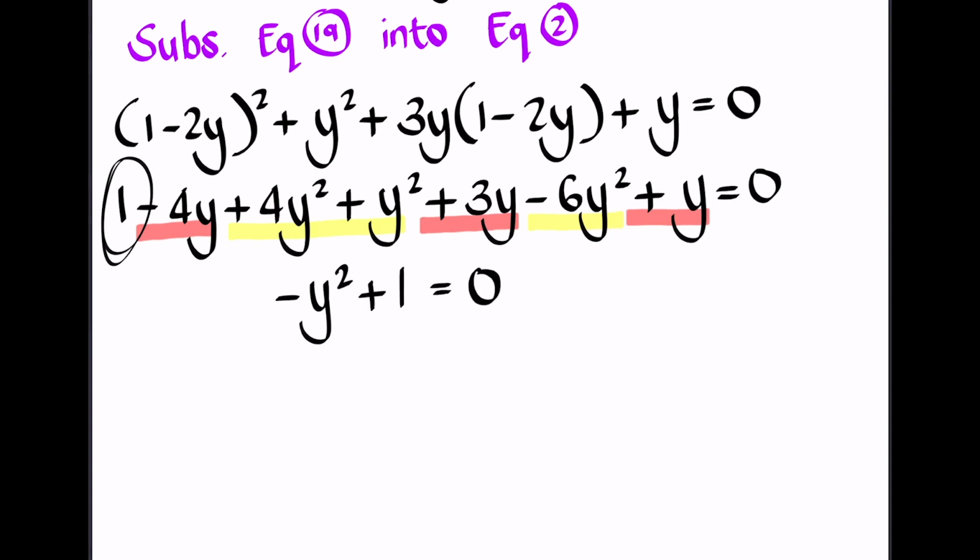All right, now this is going to be the difference of two squares, but it's currently in the wrong order. I could either just swap the 1 and the y squared around, or I could divide everything by a negative 1. Negative y squared divided by negative 1 is y squared. Positive 1 divided by negative 1 is negative 1, equal to 0 divided by negative 1 is still 0.